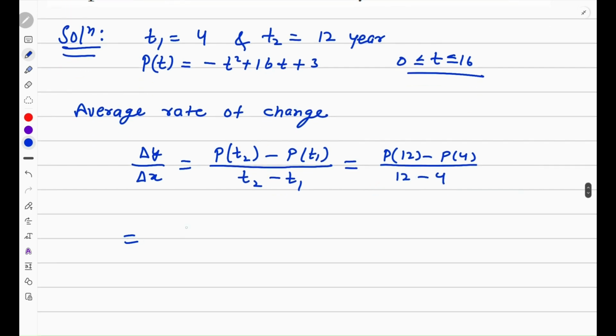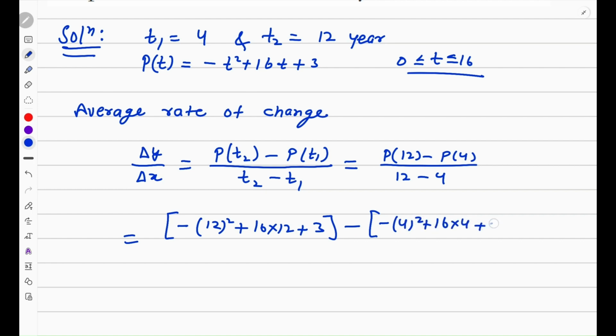We can substitute the value 12 in the given equation, and what we will get is minus 12 square plus 16 multiplied by 12 plus 3, minus 4 square plus 16 multiplied by 4 plus 3, over 12 minus 4.